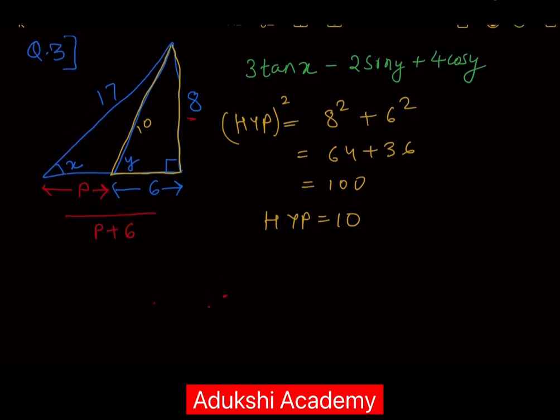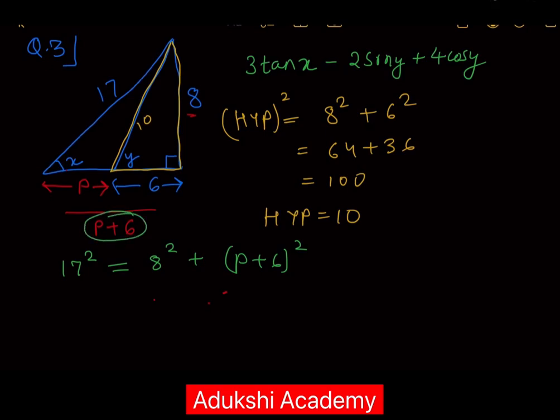Then only we will be able to find the value of tan x. So first we will find out the p value. By applying Pythagoras theorem to the big triangle, we are getting hypotenuse 17 square is equal to 8 square plus p plus 6 the whole square. Students, consider this. The base is p plus 6. So solving, 17 square is 289.